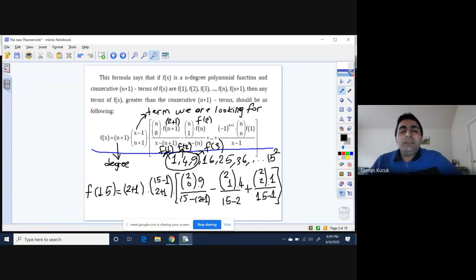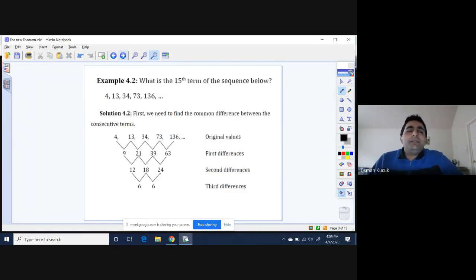My formula can be the alternative of Newton's formula. So normally when we find the n-th term of any degree sequence, we use Newton's formula.